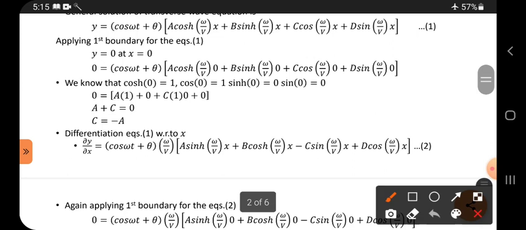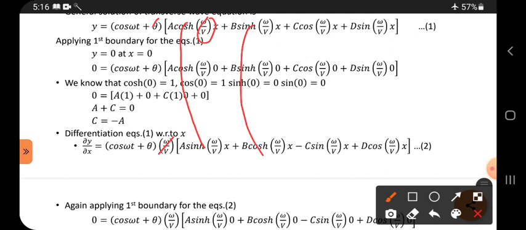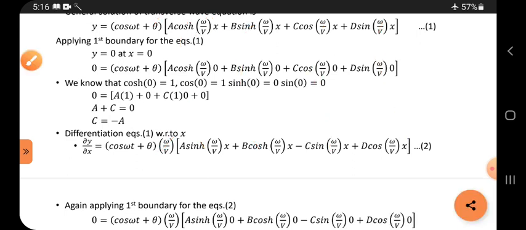When you differentiate, omega by v comes outside, and cosh becomes sinh, and sinh becomes cosh. In hyperbolic functions you cannot get any minus values, but in normal trigonometric functions, cos differentiates to minus sin, and sin differentiates to plus cos. Like this we got.